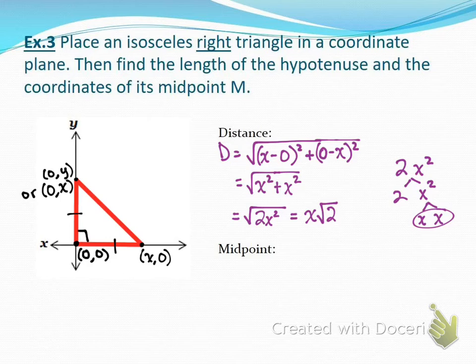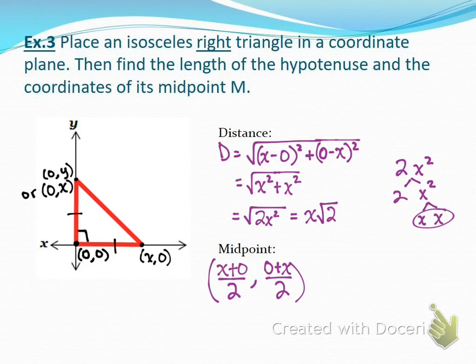All right. Midpoint, we're going to do the same idea that we just did for distance, but with midpoint. So for midpoint, remember we add our x coordinates divided by 2, add the y coordinates divided by 2. So again, what were my x coordinates? X and 0, and my y coordinates? 0 and what?